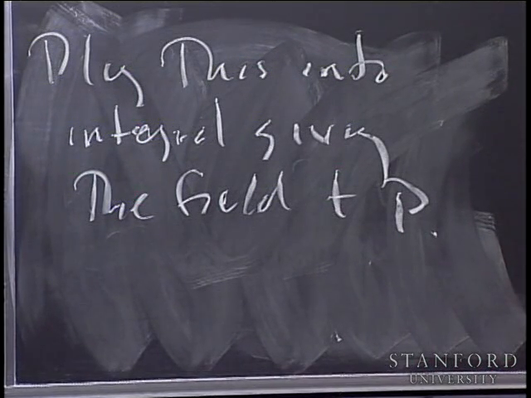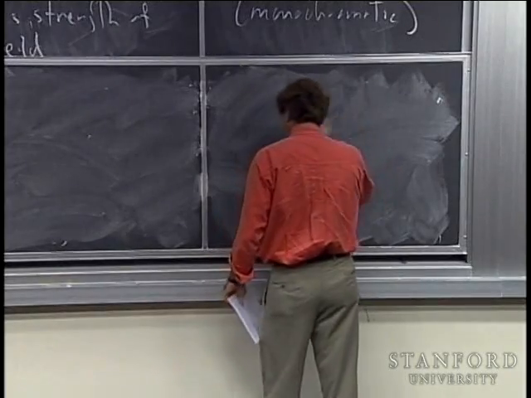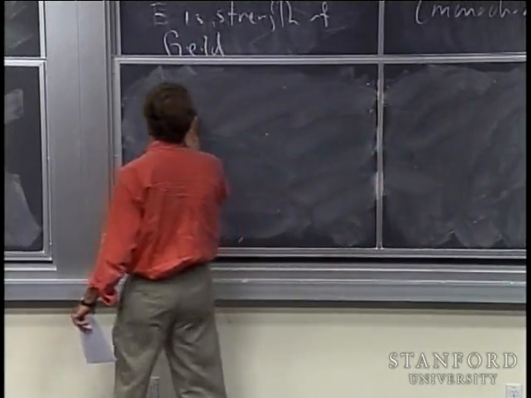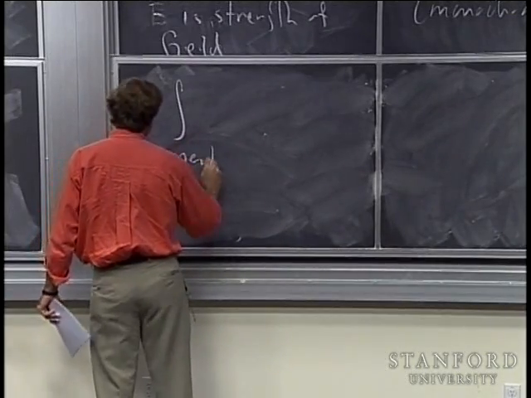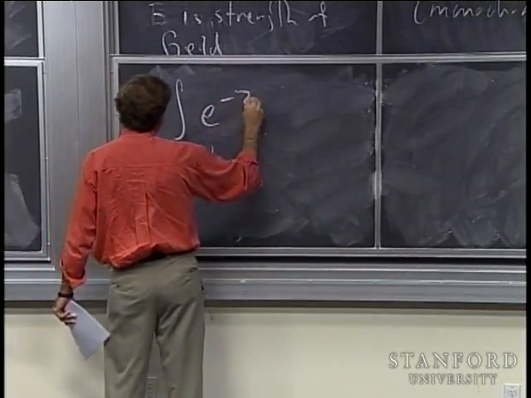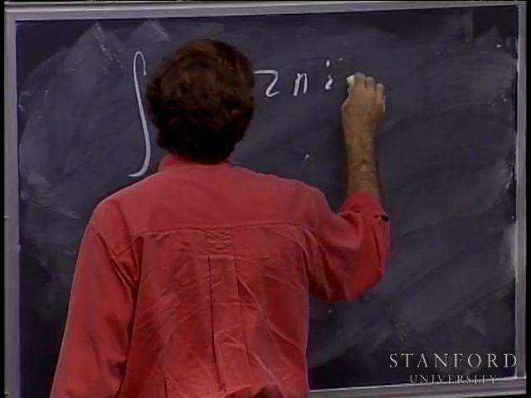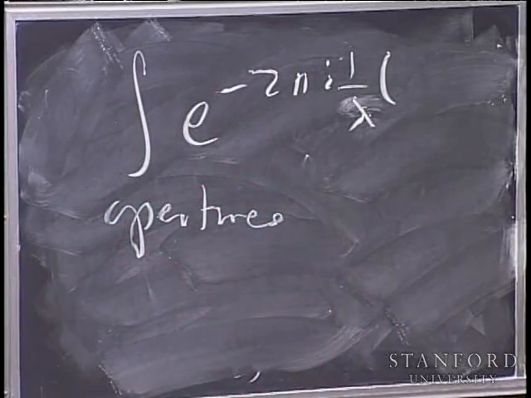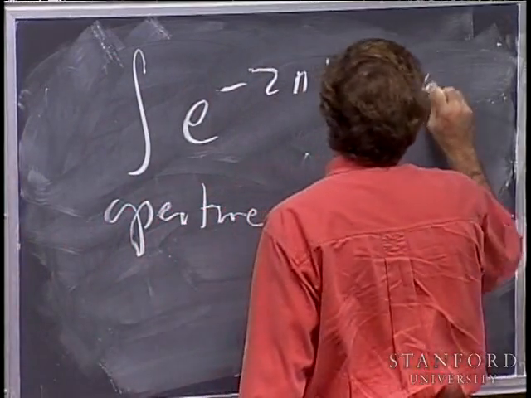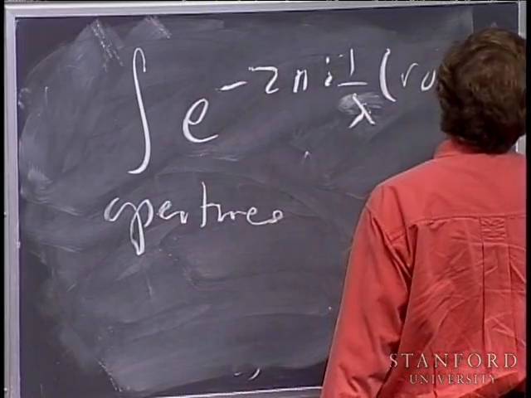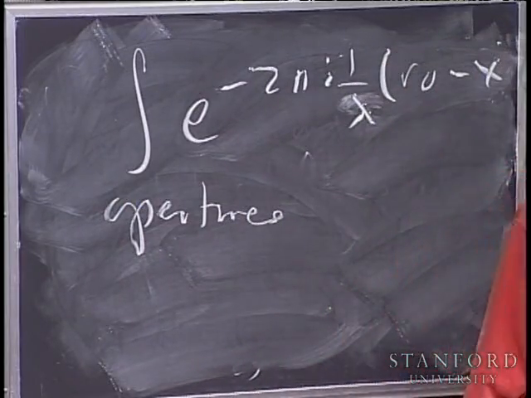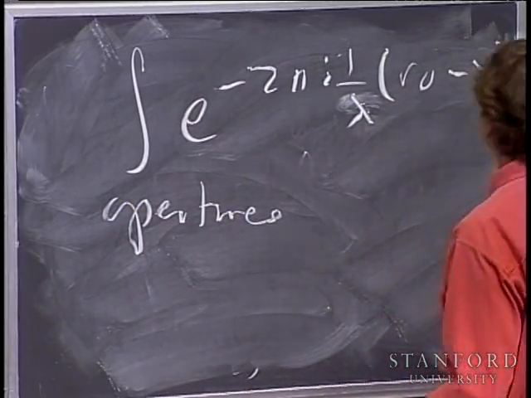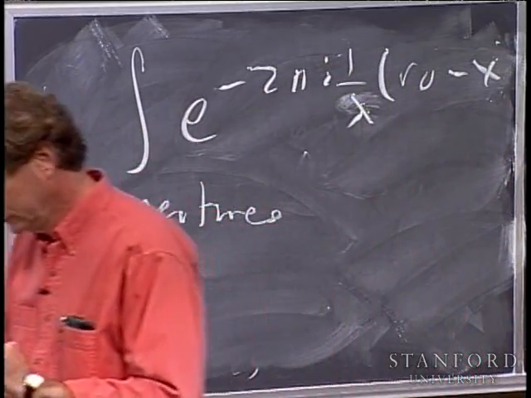Forgetting about the constants out front, you get the integral over the apertures of e to the minus 2 pi i r over lambda, and r is approximately r naught, which is fixed, minus x sine theta. So it's r naught minus x sine theta, dx.